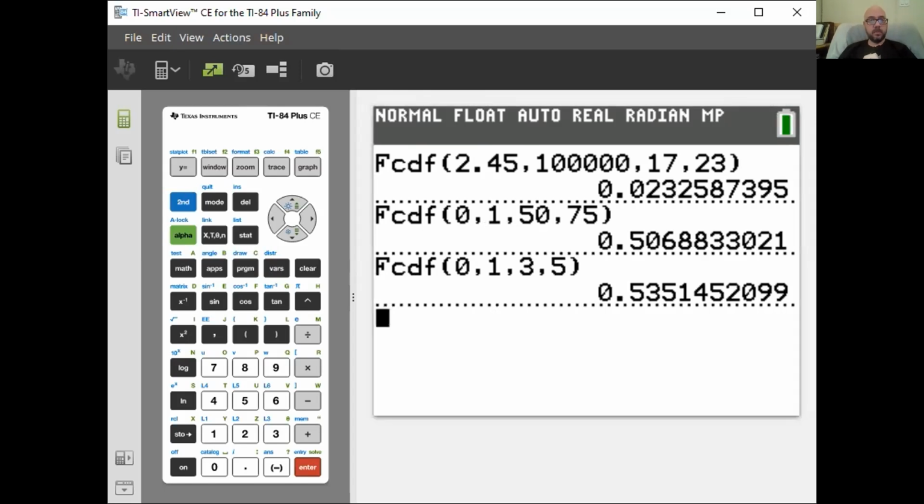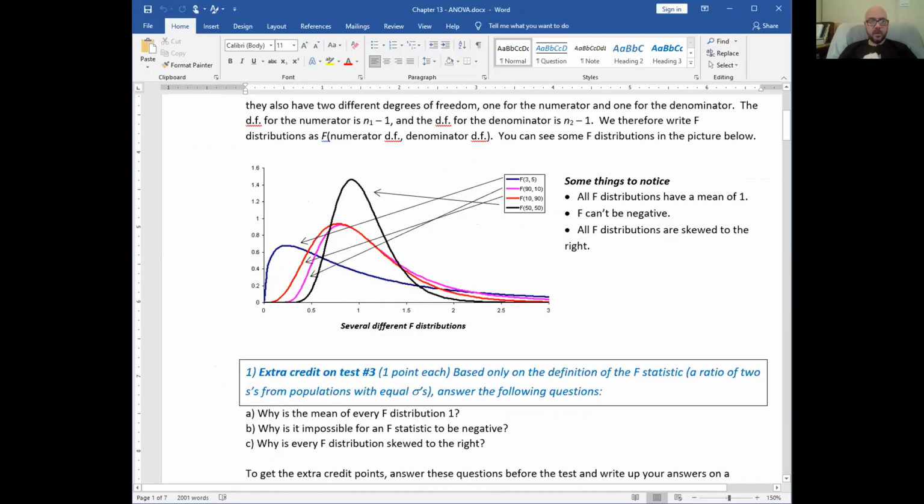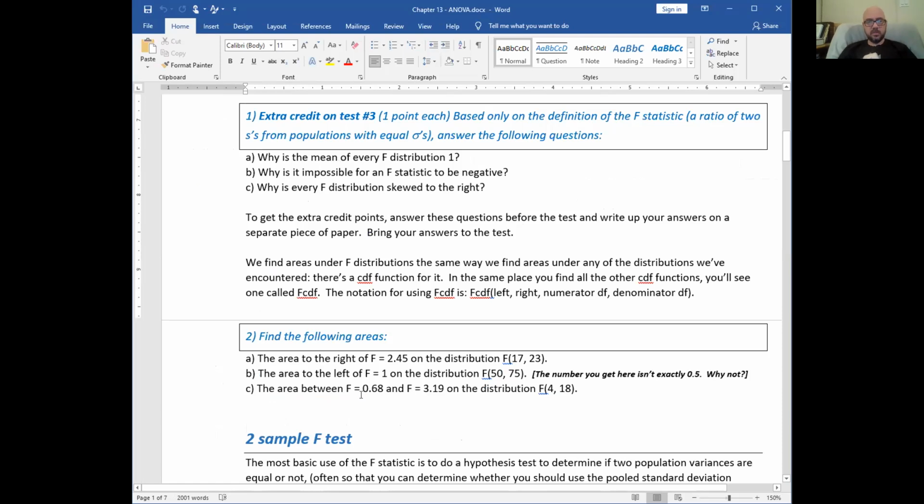Okay. Back to one last question. Nope, not this one. Let's scroll down a bit. Area between 0.68 and 3.19 on that distribution, F4,18. This is the sort of distribution we're going to get a lot when we do ANOVA, something with a small number here and a big number there. So we'll explain why when we get there.